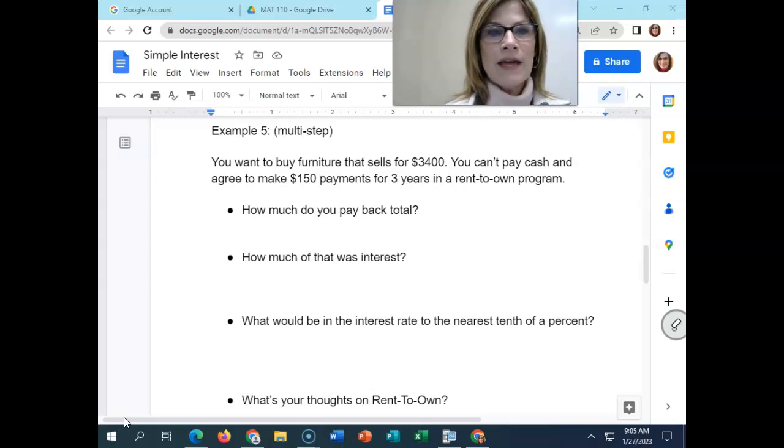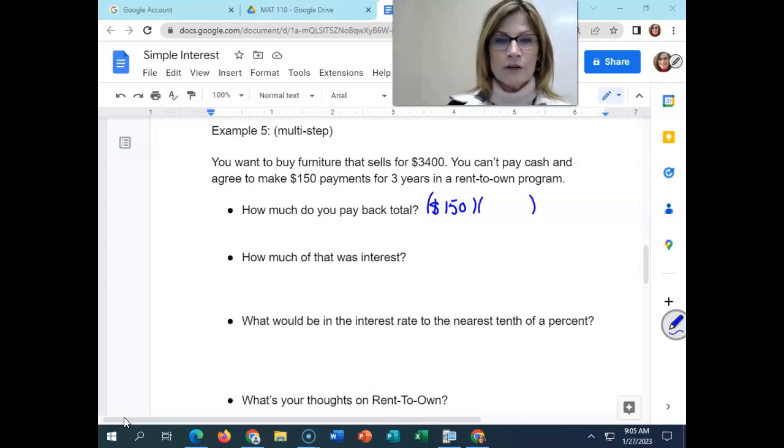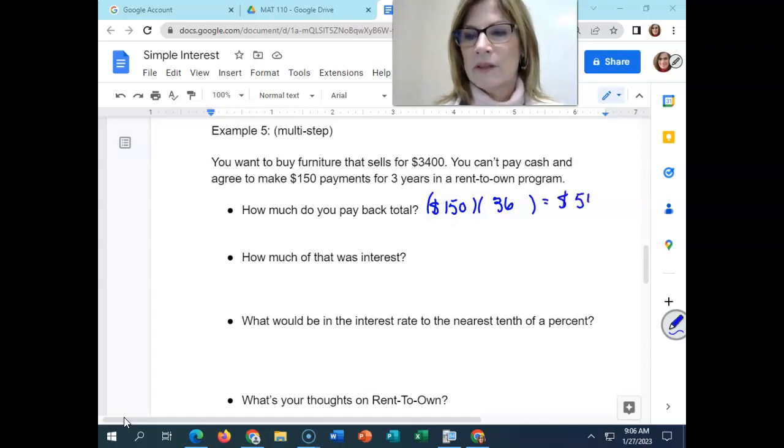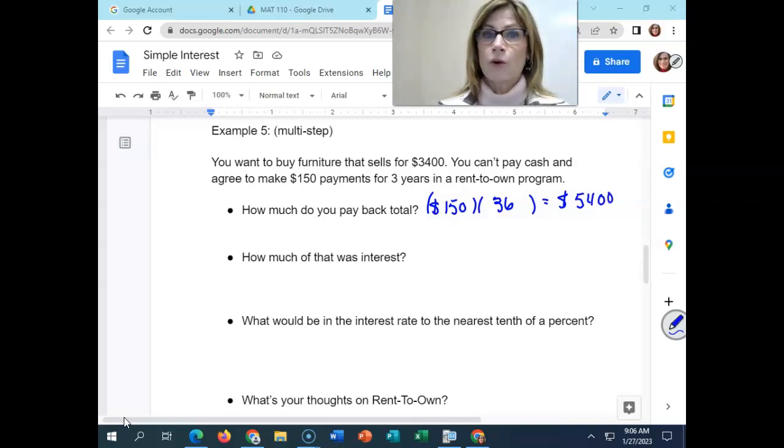So we'll take our payment of $150 and then multiply by how many payments you're going to make. 3 years would be, and I didn't say it, but I would assume that these were monthly payments, so we will multiply that by 36. 36 times 150, you end up paying back $5,400.